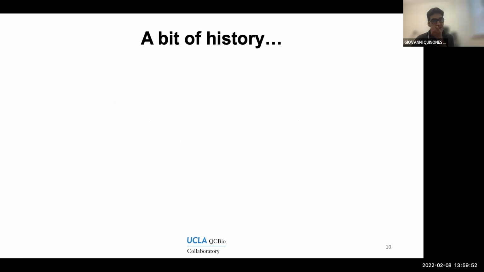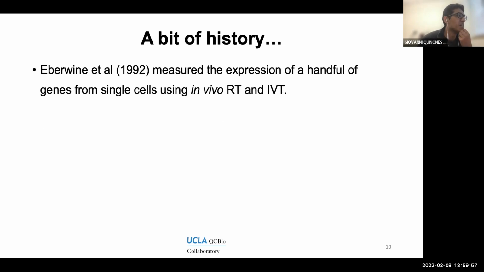So let's go through a little bit of history. In 1992, Eberwine et al. measured the expression of a handful of genes from single cells using in vivo reverse transcription and in vitro transcription. So what happened in 1992, and that's what I was mentioning before, is that this group tried to identify the different cell types that are present in the brain.